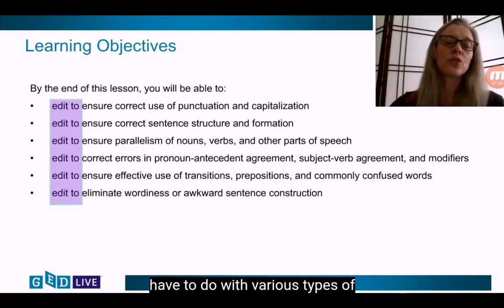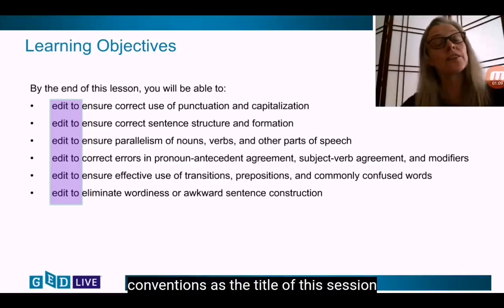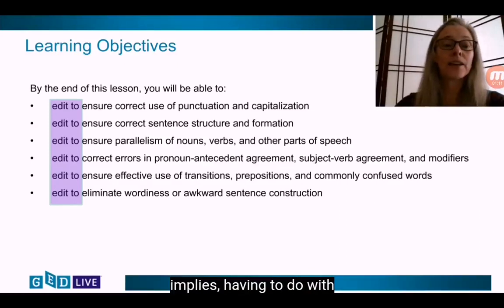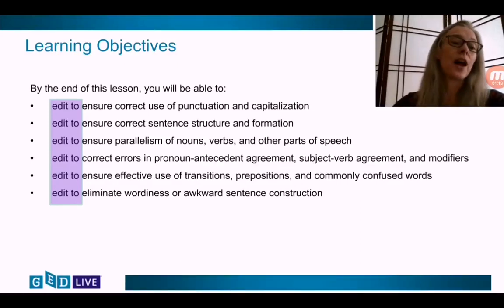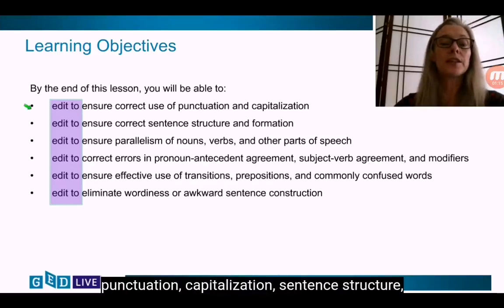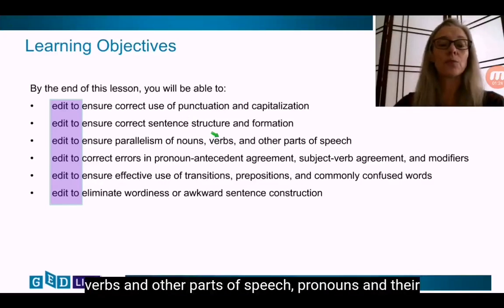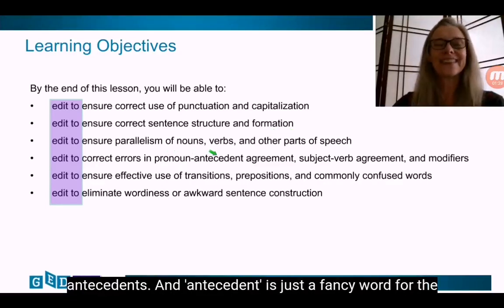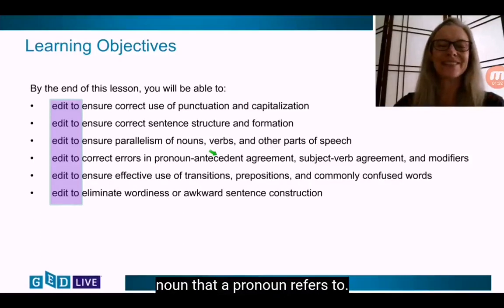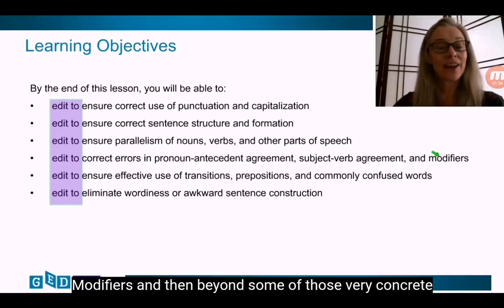And that will have to do with various types of conventions, as the title of this session implies, having to do with punctuation, capitalization, sentence structure, agreement, parallelism and agreement between nouns, verbs, and other parts of speech, pronouns and their antecedents. An antecedent is just a fancy word for the noun that a pronoun refers to. Modifiers.